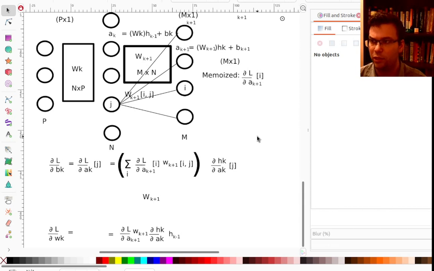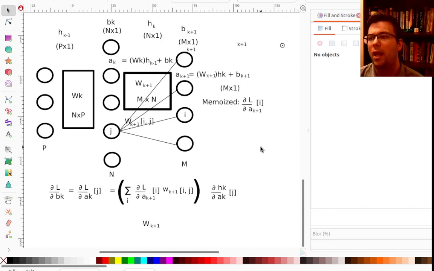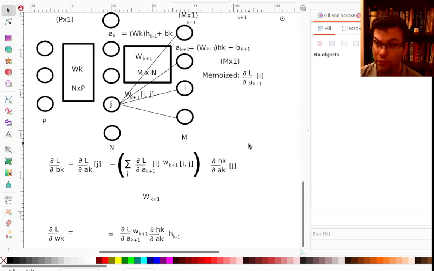Just as a sanity check, the jth column of W_{k+1} has m elements, and so does the derivative with respect to a_{k+1}, so that works out dimension-wise. The way to write this is, we now need the columns to be along the rows for this to work out with matrix multiplication.